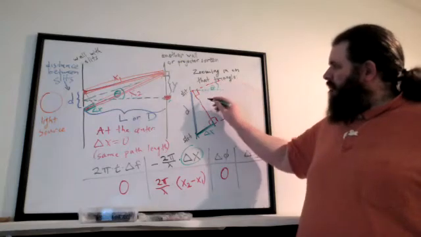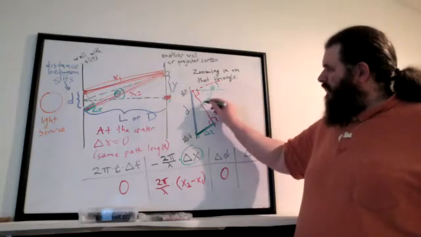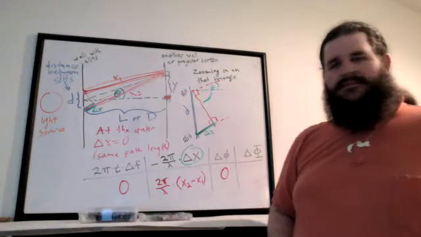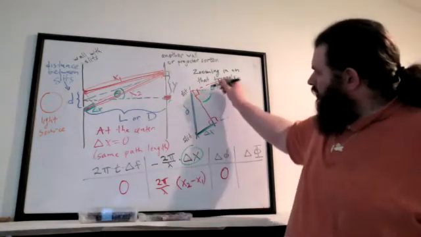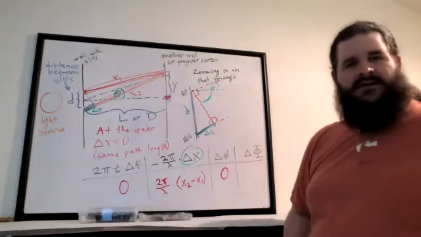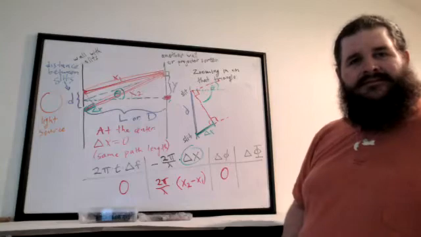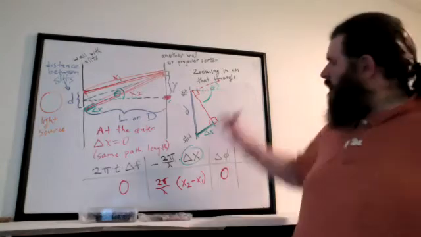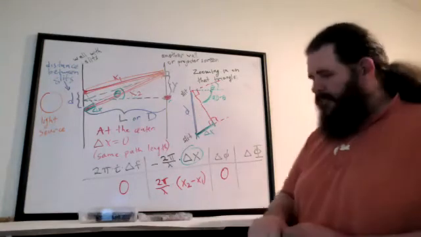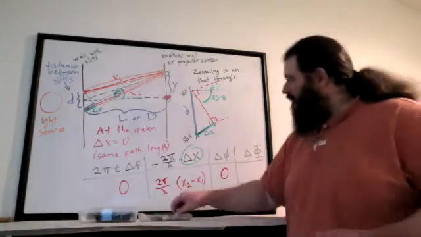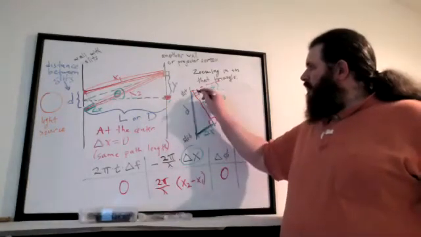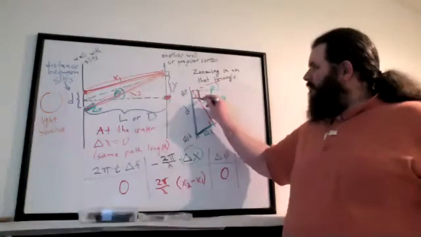If this is theta, what would this angle have to be? Well, these two together make 90, right? If we've already used up theta, what's left? 90 minus theta. Yeah, this angle is going to be 90 minus theta. If we then take a look at a different pair, we've got a horizontal and a vertical. So these form a right angle.